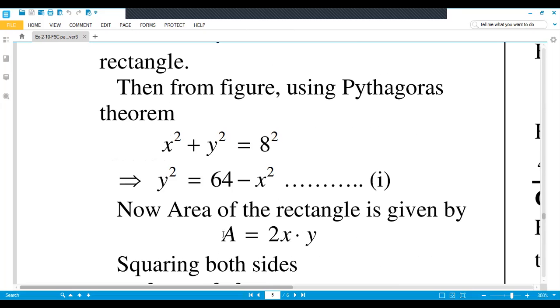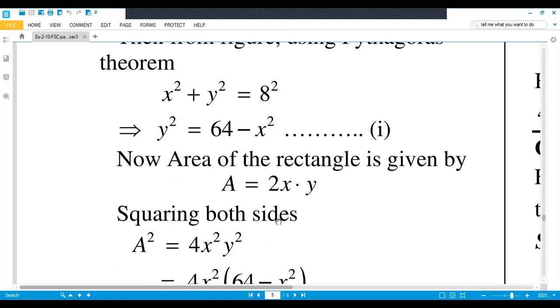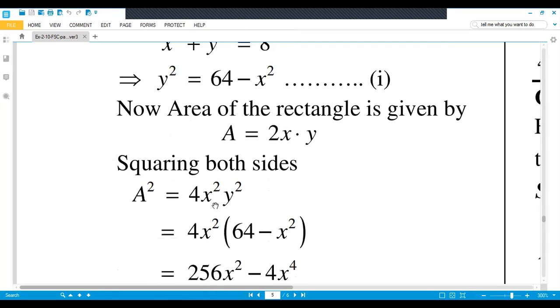Now the area of a rectangle is length multiplied by breadth. The length is 2x and the breadth is y, so the area is 2x into y. Squaring both sides, A square is equal to 4x square y square. Why do we square?